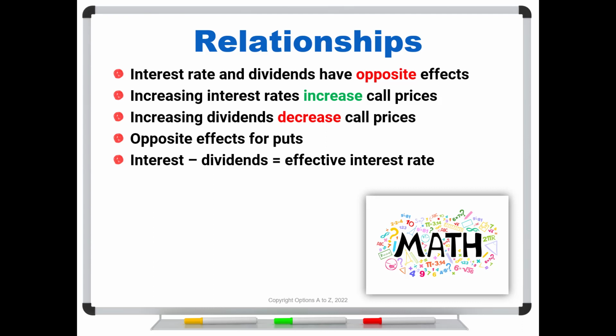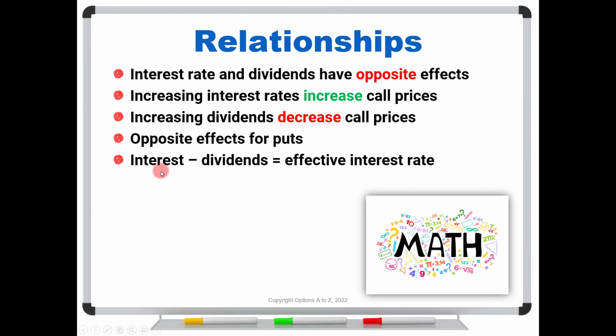So instead of saying interest rates are 3% and dividends are 1%, we could just say that effectively the interest rate is 2%. You could go into a pricing model and call it interest rates of 2%, and that would give you about the same answer as interest rates of 3% and dividends of 1%.